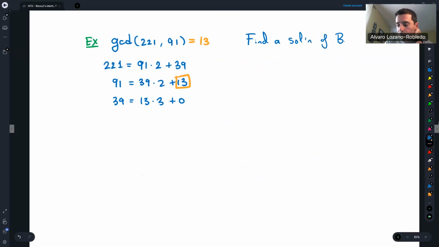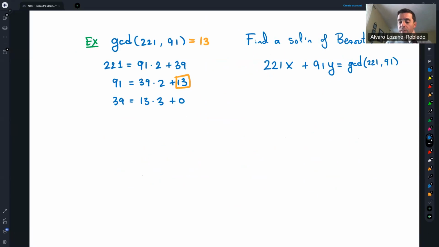So I'm finding a solution of 221x plus 91y equals the GCD of 221 and 91. In this case, we already found 13 is the GCD, so I'm trying to solve this equation.